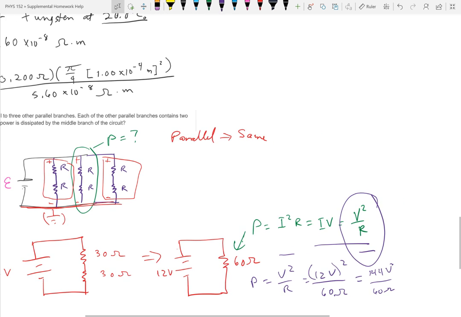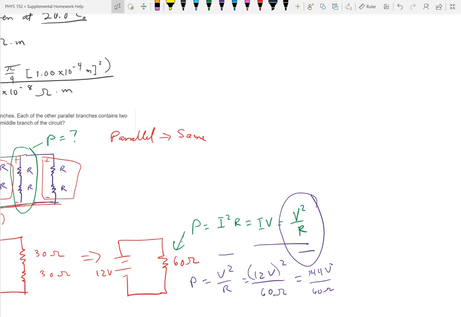And what would have been easier would be for me to say 12 times 12. 12 divided by 6 is 2. 2 times 12 is 24. 2.4 watts? No, it's not 2.4. Yeah, it is.